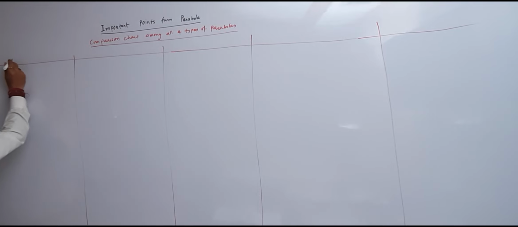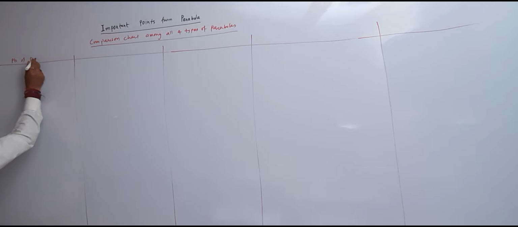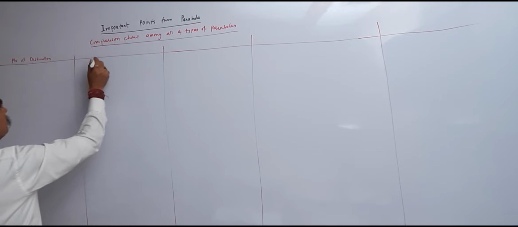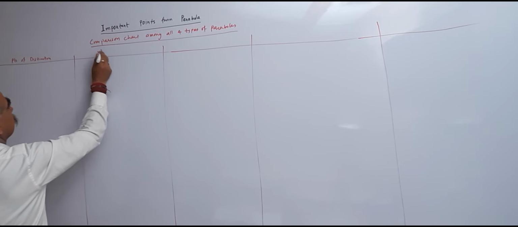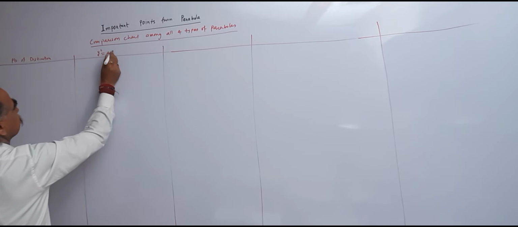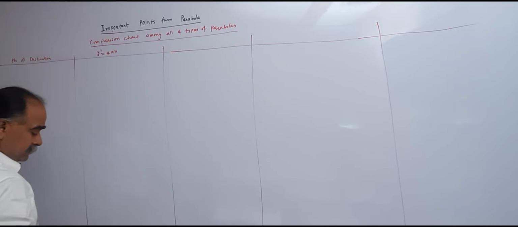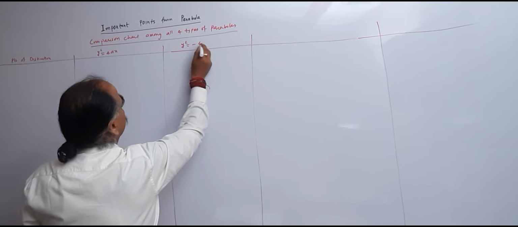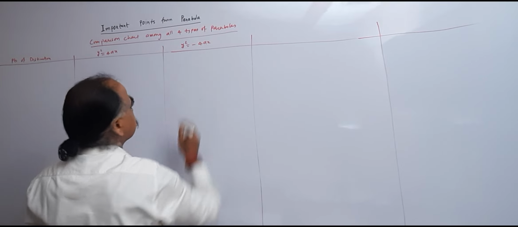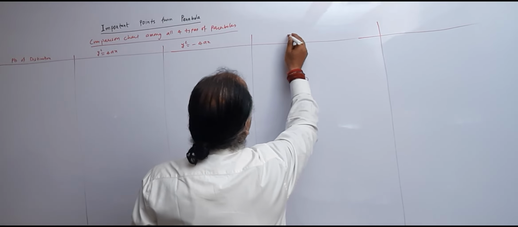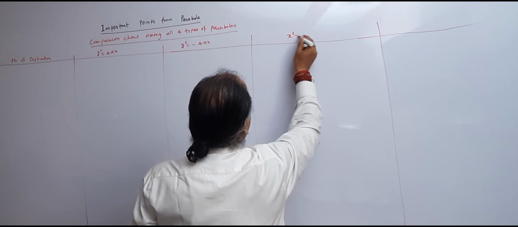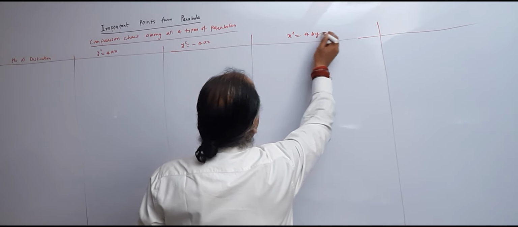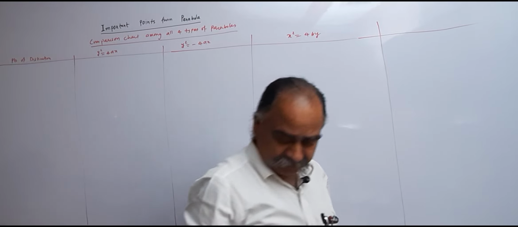Points of distinction: y square is equal to 4ax, y square is equal to minus 4ax, x square is equal to 4by, and x square is equal to minus 4by.